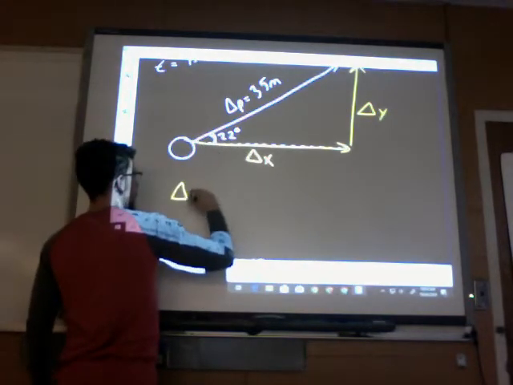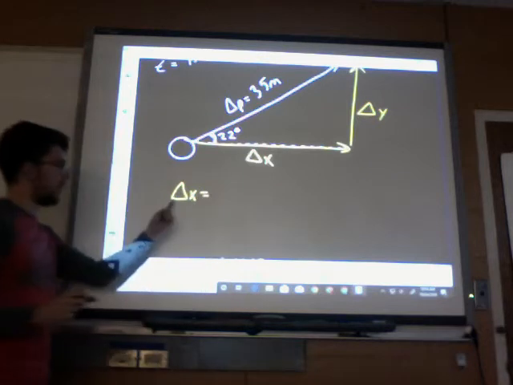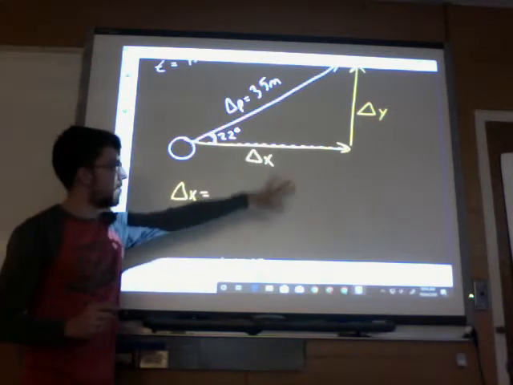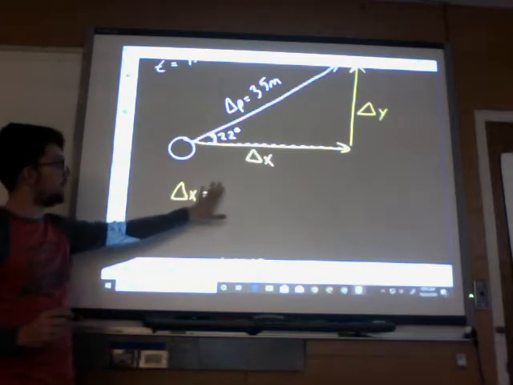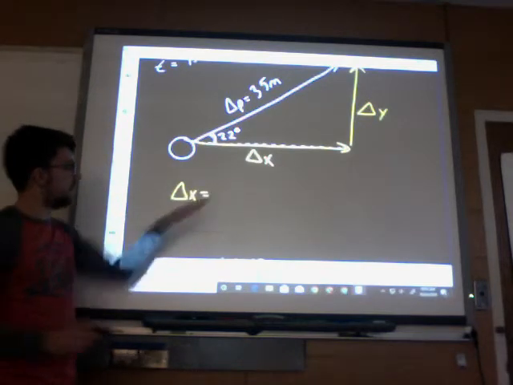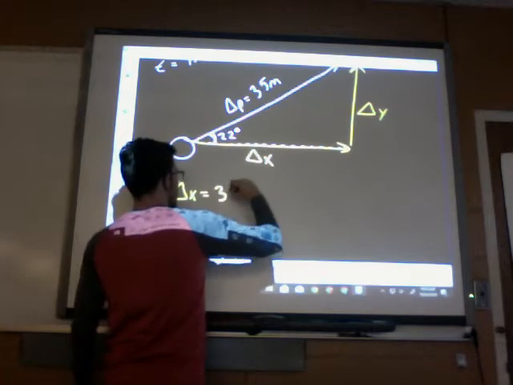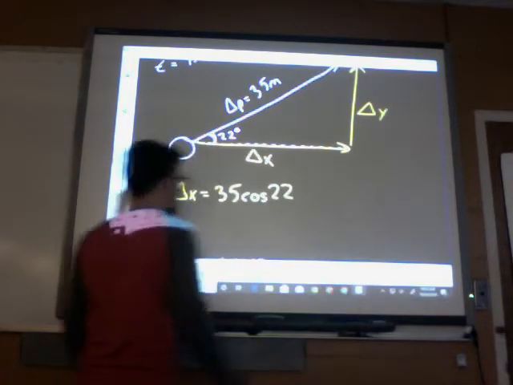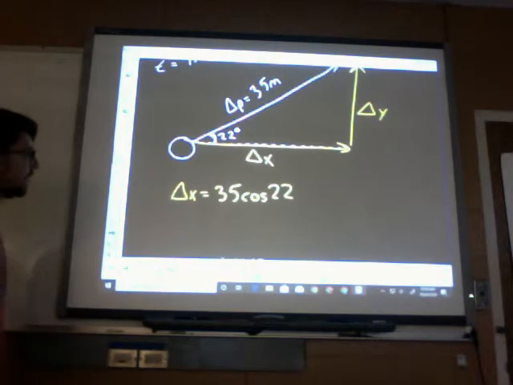Adjacent equals hypotenuse cosine theta. What's our hypotenuse? 35. All right, I think you got it. 35 cosine 22. So this will give us delta X.